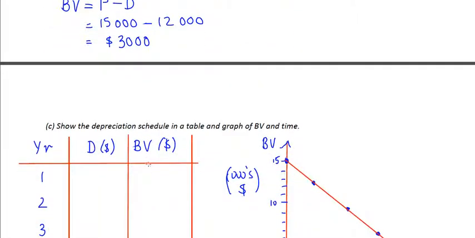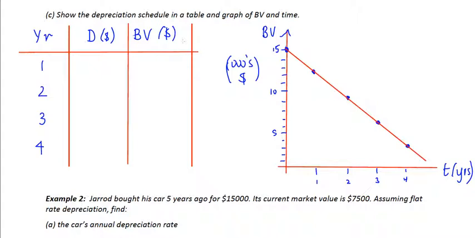Now what we can do is actually graph this. So if we wanted to show the depreciation schedule in a table, we can say, okay, after the 4 years, the depreciation was $12,000 and its book value at that time was $3,000.